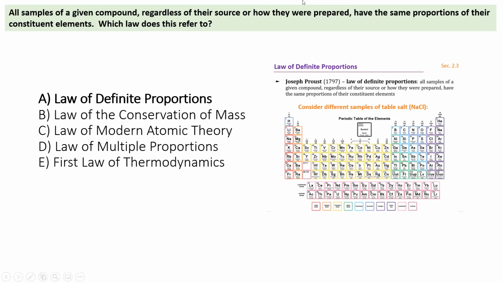No matter where you're at, it's all the same for a definite proportion. So water is going to have two hydrogens and an oxygen no matter where you find it.